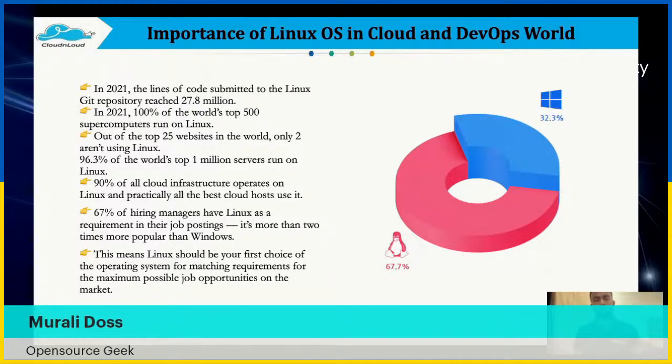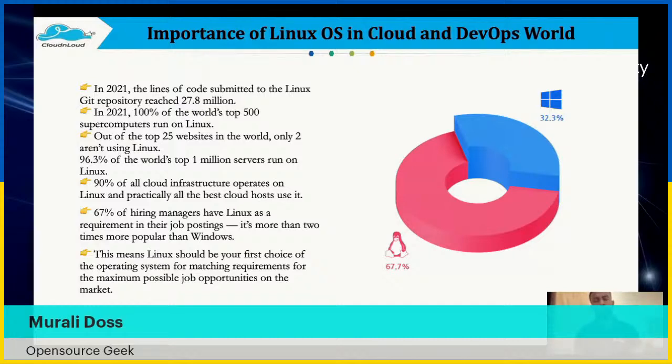So if you want to get a job around cloud or DevOps, it's important to know Linux, and you have to be very handy in using Linux as an OS. This means Linux should be your first choice of operating system in order to maximize your job opportunities on the market.